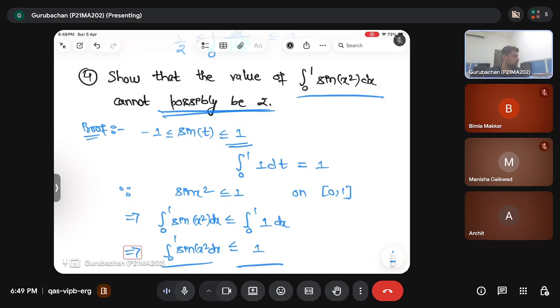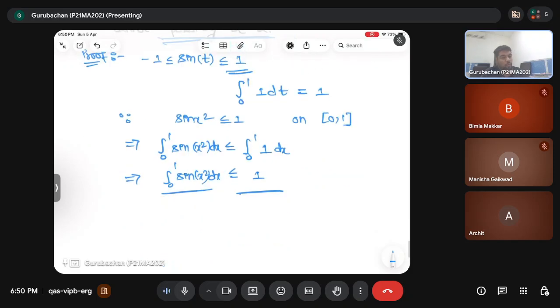Sir, if in this question we need to calculate the exact maximum value, the exact upper bound and lower bound? Obviously the maximum bound you got here itself. What will be the minimum value? Sir, but this is a maximum, this may be greater than the maximum bound. This is for sine t, not for sine x square. Sine theta, obviously the upper bound of sine theta will be 1.